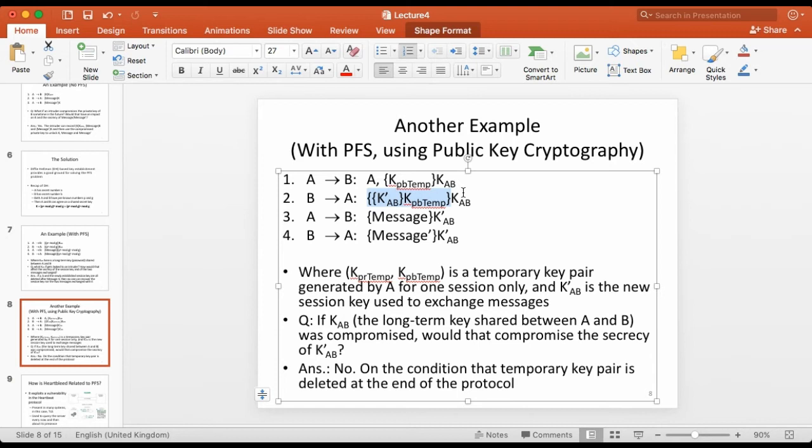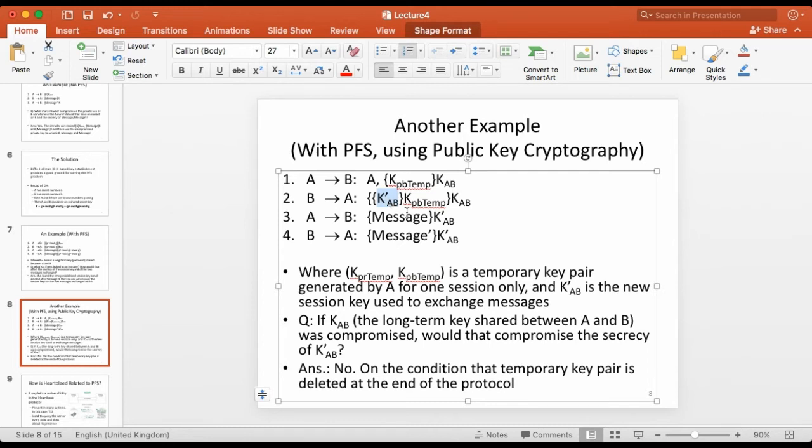So when Alice receives this second message, she can decrypt it, no problem, because she has access to KAB. She also has access to the temporary key pair that she created earlier, so she can go on and decrypt the internal part as well, and therefore she can release the new session key that Bob is essentially proposing for use in the future.